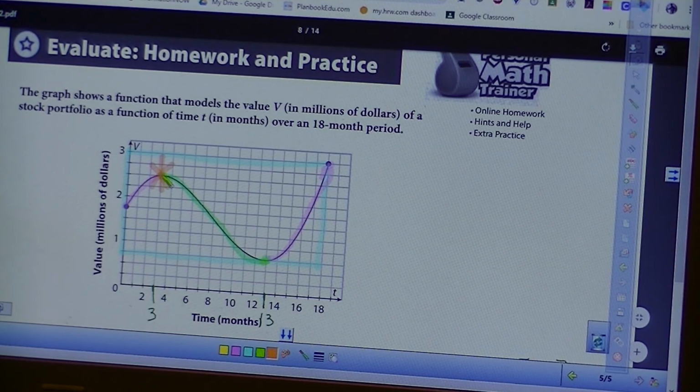And so what would be the y value right there? It's not 3. So that's the maximum value. And then you go down to the very bottom, this spot right here. Okay, so that's the minimum. So what is the y value right there? Okay, so that's enough hinting for that.